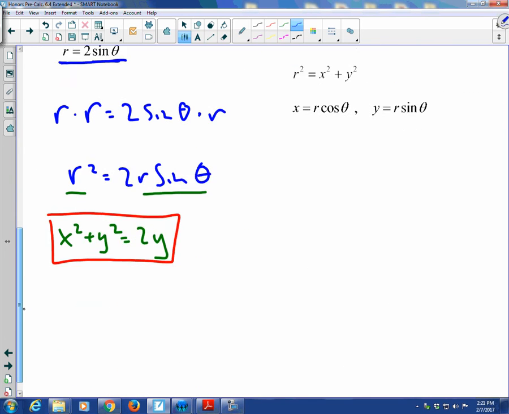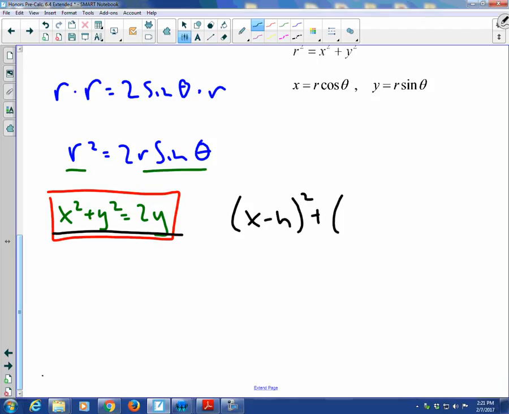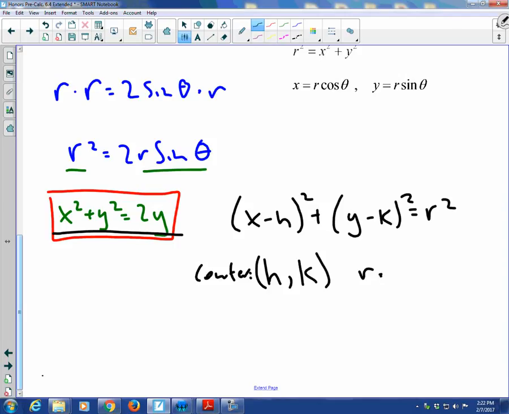And what I would like to do is challenge you guys to write the equation we're seeing right here, the rectangular equation defining that circle, as the general form of a circle that we normally see, x minus h squared plus y minus k squared equals r squared, where h, k is the center, and r is the radius.